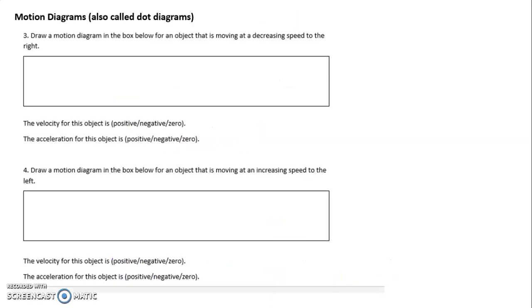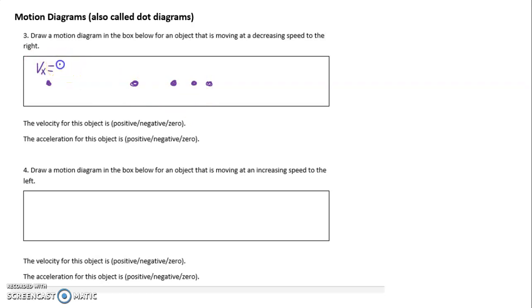So this object is moving at a decreasing speed to the right. At first, moving quickly, but then moving slower and slower. And again, we can make up some numbers to go with this, and we can just pick any numbers that we want.